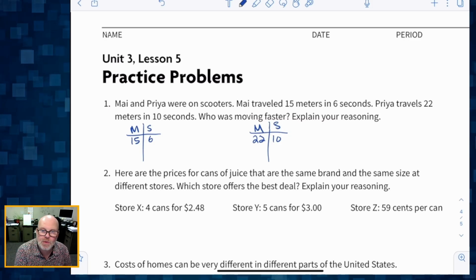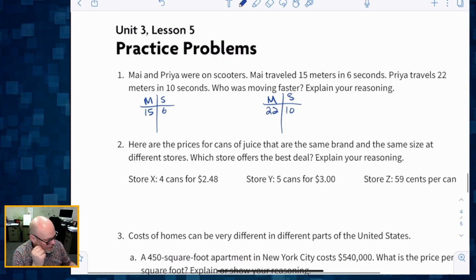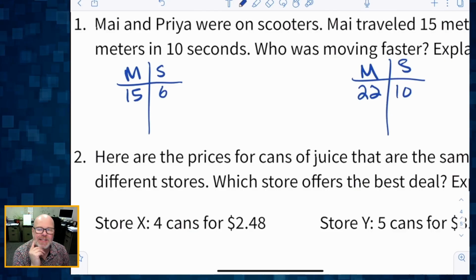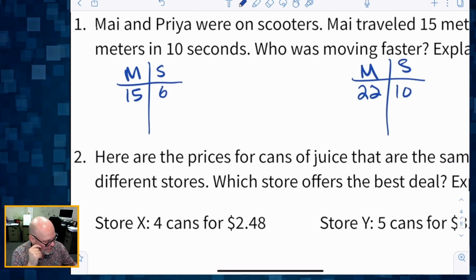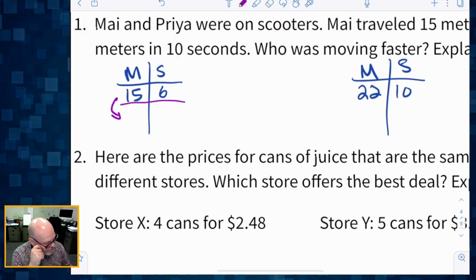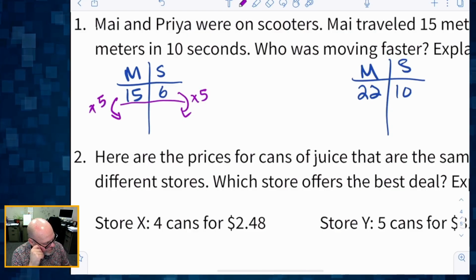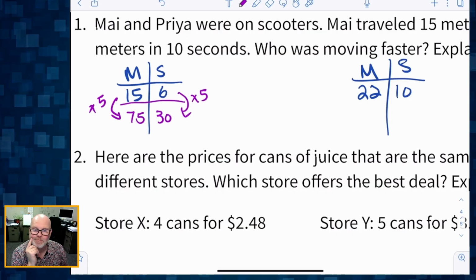We want to know who is traveling faster. It might be easier if we somehow get our seconds to be the same. If I scale Mai up by 5, I get 75 meters in 30 seconds.